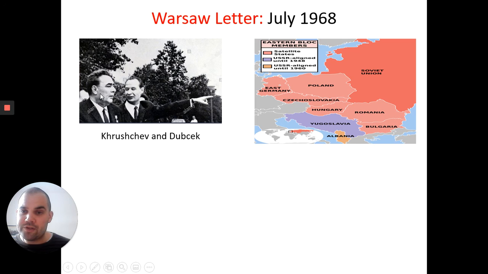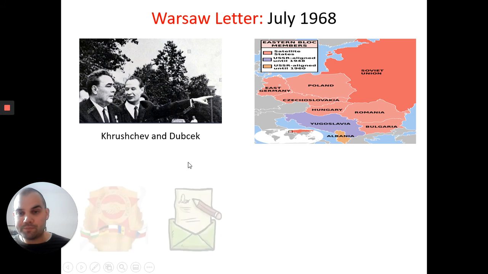Now, Khrushchev, as you can see here, met Dubček at that meeting and tried to persuade him to reverse his reforms because they were causing instability and were seen as a threat to other Warsaw Pact countries. But Dubček refused and said, no, we are loyal members of the Warsaw Pact. We're not trying to undermine communism, but we are trying to reform it in a new direction, away from the old model we used to have here.